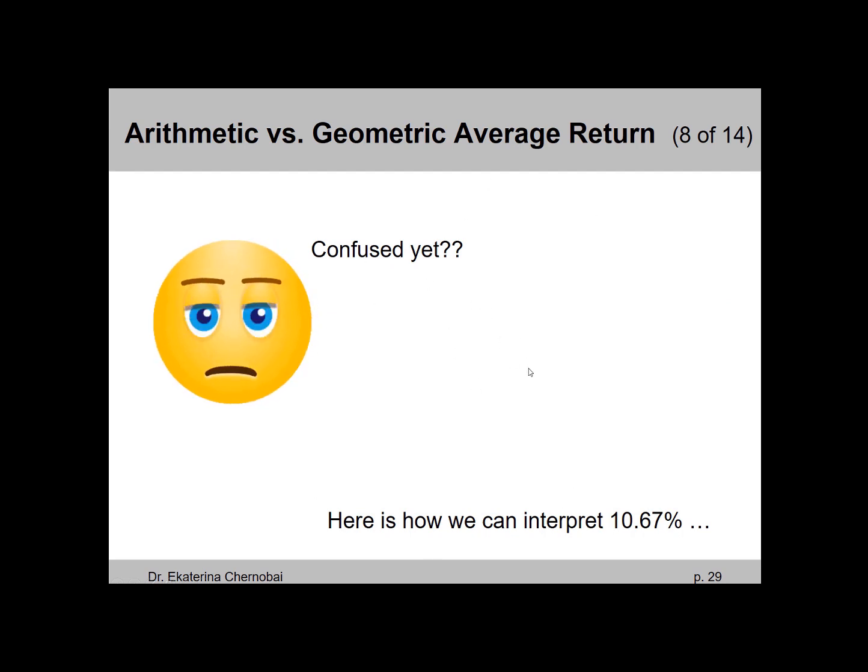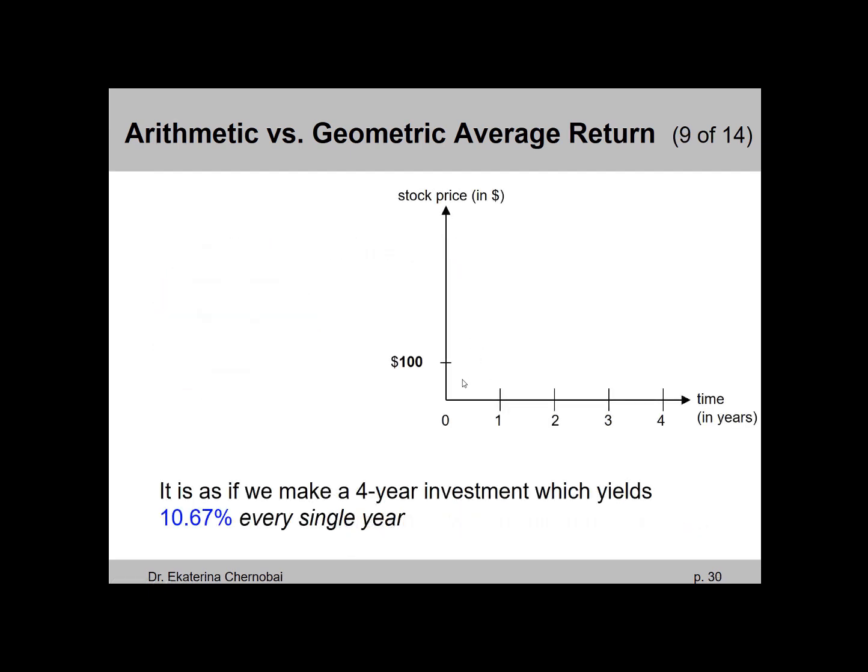Let me explain it a little bit differently. Let's go back to what we were given. We were given $100 per share in year 0, right? It's as if we are saying that after the first year, our money grows by 10.67%. If we use that for our return, then we will have $110.70 approximately.